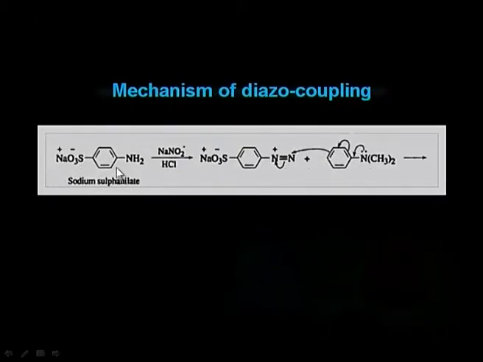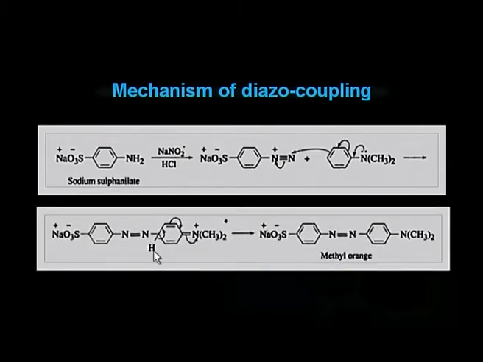Here you can see this is the sodium salt of sulfanilic acid, which first undergoes diazotization with sodium nitrite and HCl, and in the second step here it is N,N-dimethyl aniline, which is electron rich, and there is an electrophilic substitution reaction at this position, and methyl orange is formed.